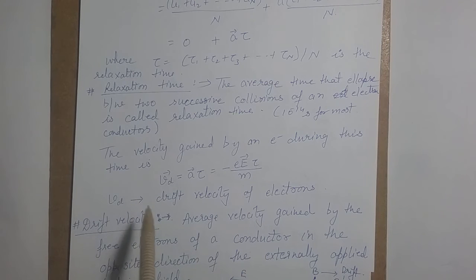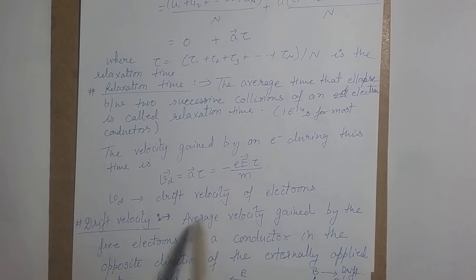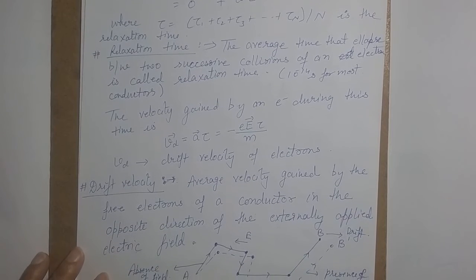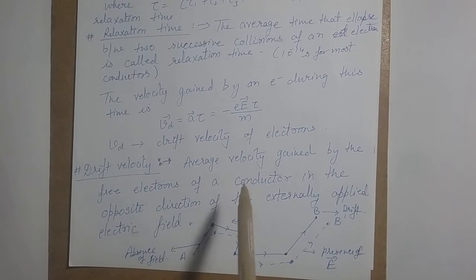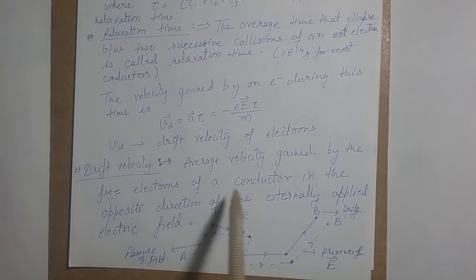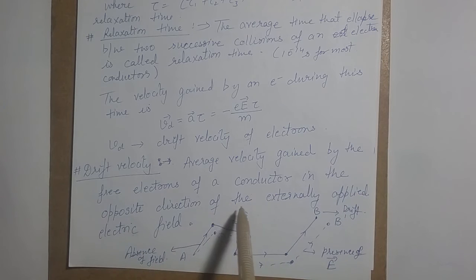This Vd is known as the drift velocity of the electron. That is the velocity gained by the electron when it is connected to a given battery or cell. It is the velocity gained by the free electron of a conductor in the opposite direction of the external applied electric field.